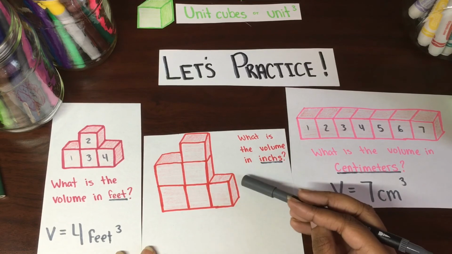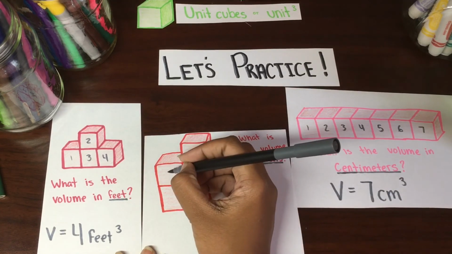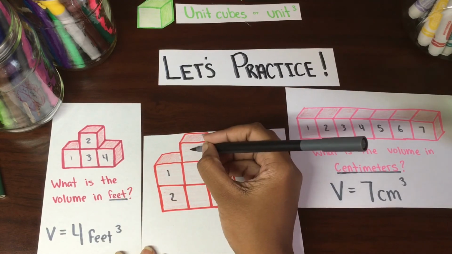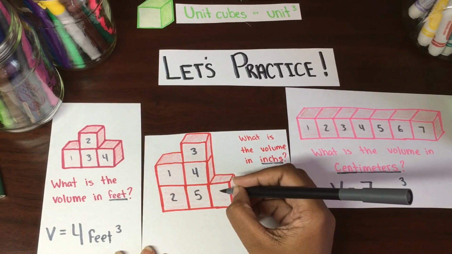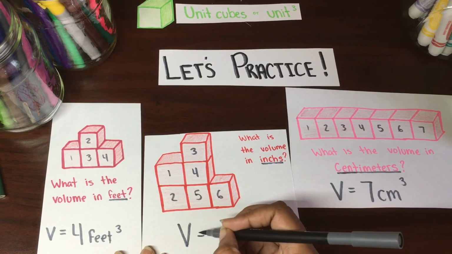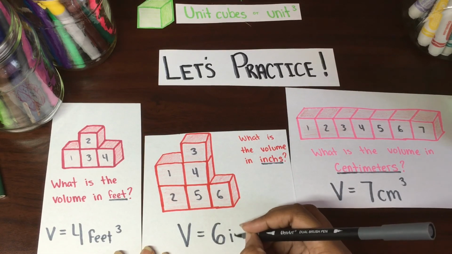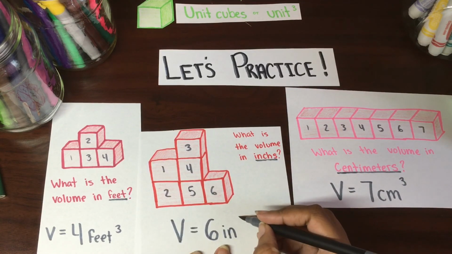It only goes one row back. There's not a second row of boxes behind this. So we can just count this. 1, 2, 3, 4, 5, 6. So our volume is 6 inches, IN, which is short for inches, cubed.